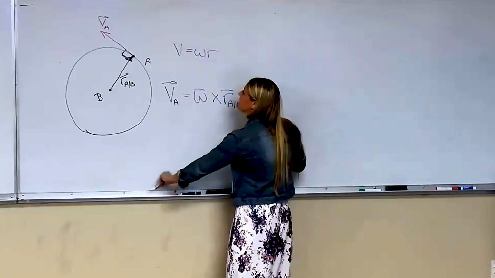So if we draw another R, say maybe this is R prime, the angle between these two is theta, and this here is S for arc length. We know that S equals R theta, okay?